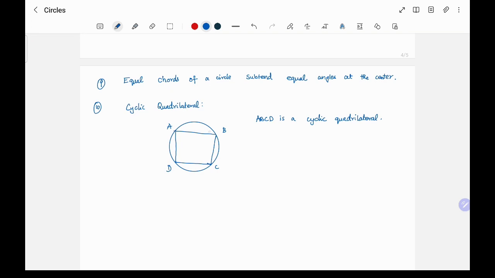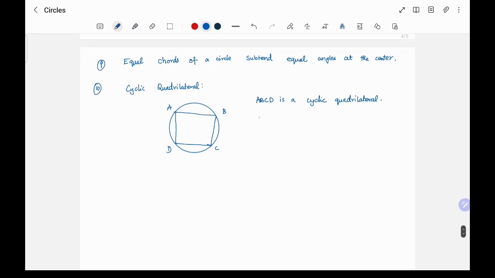It only means that all the 4 vertices are on the circle. Okay, one special property of this is the sum of opposite angles is equal to 180 degrees.